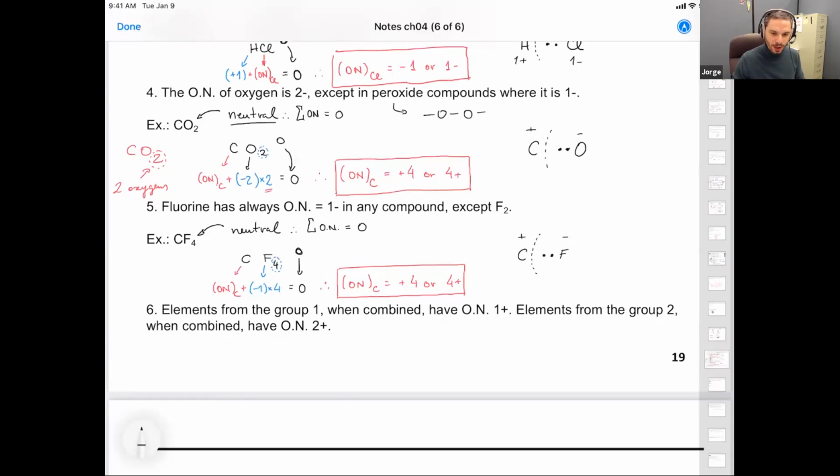Elements from group 1 are so weak that, in almost all cases, they will have oxidation number 1 plus. And the same for group 2. They are so weak that when combined with other elements, they will have oxidation number 2 plus.